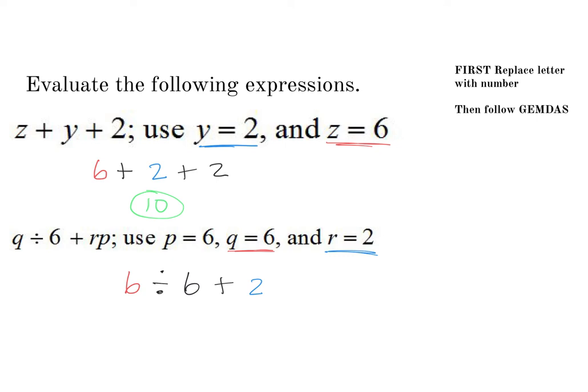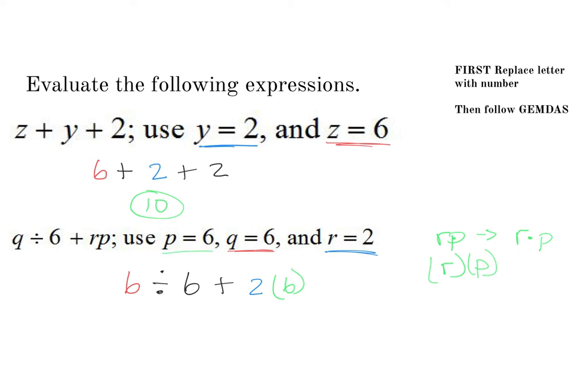Now notice R and P are written together. This is the same thing as R times P with a dot in between, or R parentheses P. This all means to multiply. So I am going to use parentheses for my 6 to symbolize that I am going to multiply.